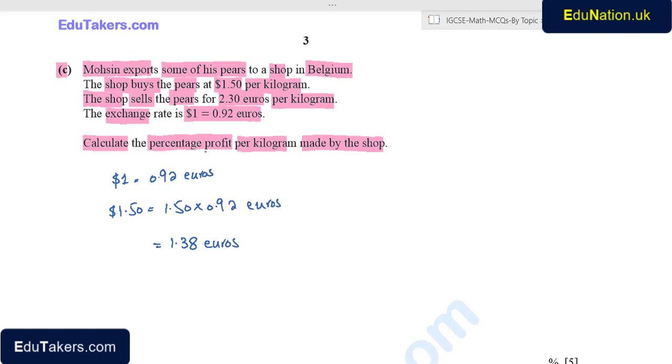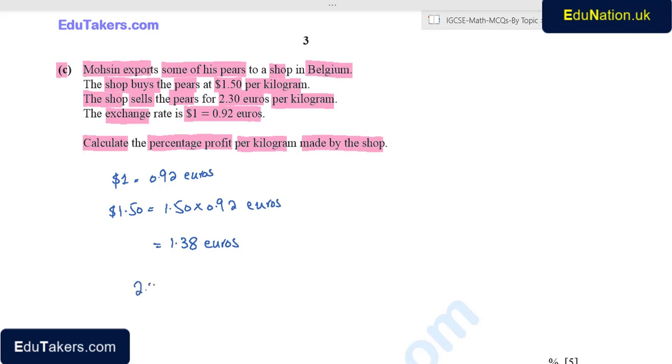And we have to calculate percentage profit per kilogram made by the shop. Shop sells the pears for 2.30 euros and shop buys the pears at 1.38 euros.